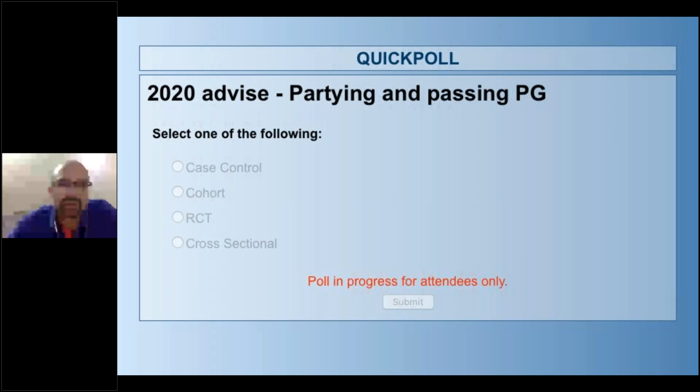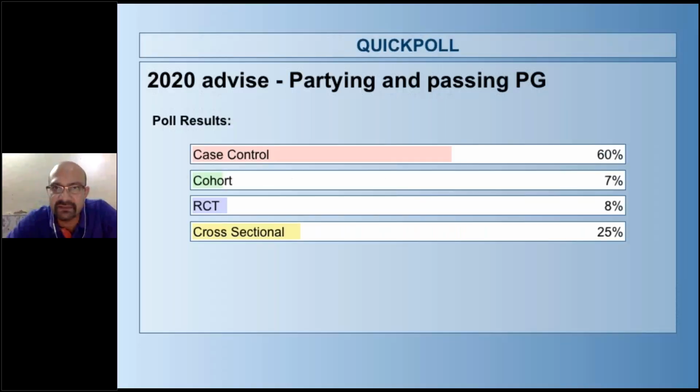Yes. So case control studies, as you have said, 60% of you, is the correct answer to try and find out what is the nature of association between partying and the outcome. So the easiest thing I could do is I could recruit 2017 batch के students who have already passed or not passed their first attempt, although 2017 वालों के साथ कोविड के चक्कर में सारे के सारे पास हो गए.